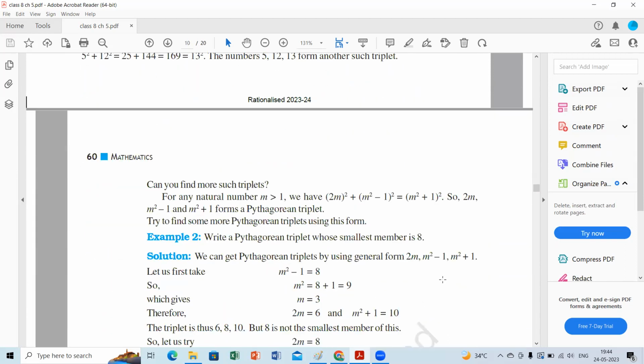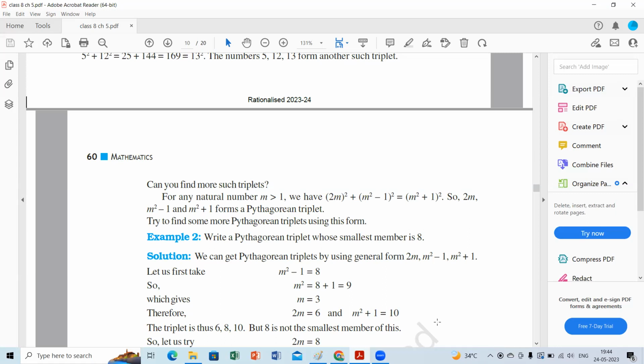Based on this only we got the pattern m square minus 1, 2m and m square plus 1. Write a Pythagorean triplet whose smallest number is 8. Which is the smallest among all these triplets, children?